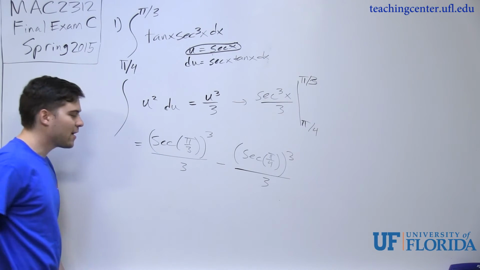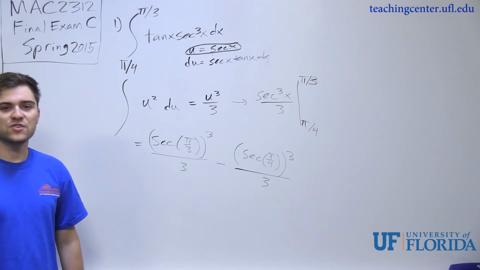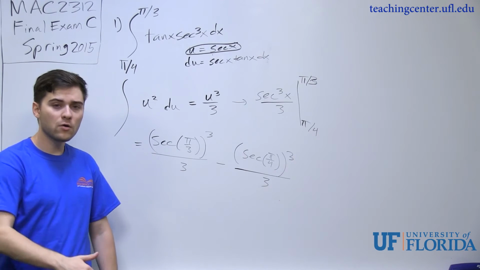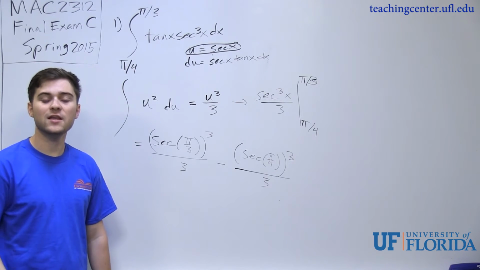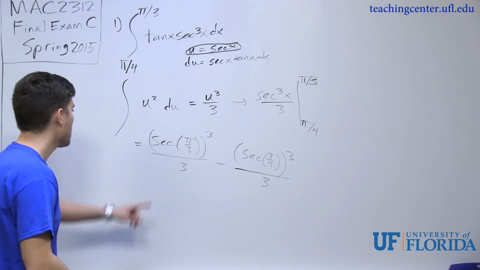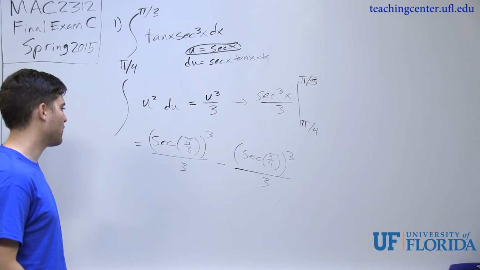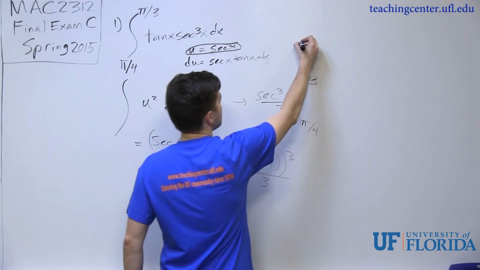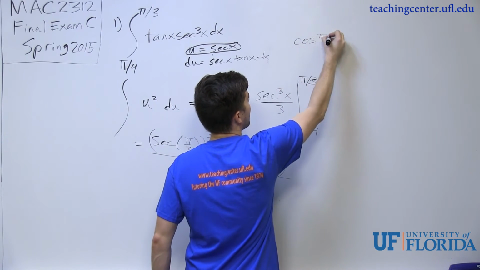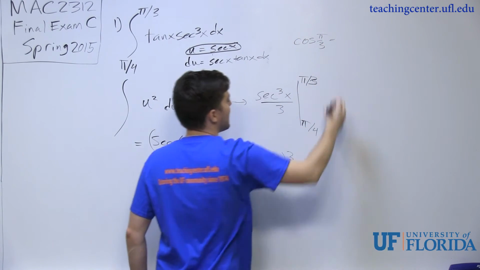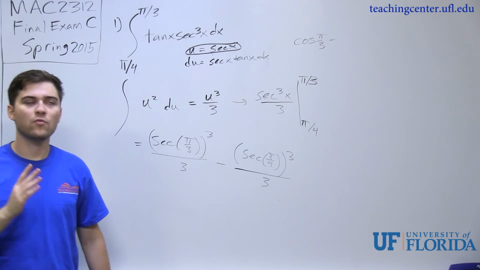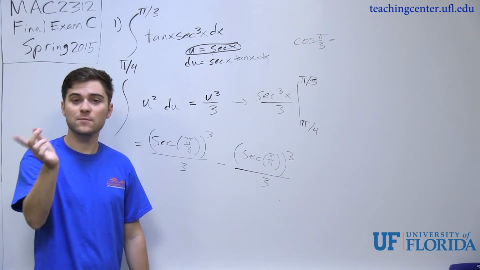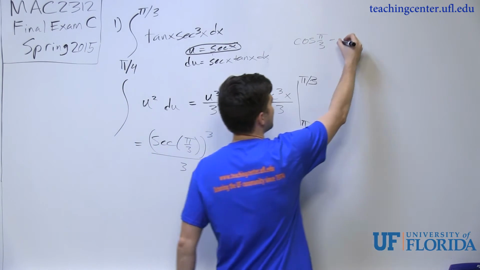So secant of pi over 3, that's not on the unit circle, but I know that cosine is on the unit circle, and secant is just 1 over cosine. So let's figure out what cosine of pi over 3 is, and that way we can figure out what secant is. So cosine of pi over 3, if I think of my unit circle, ends up being 1/2. It falls right at 60 degrees.